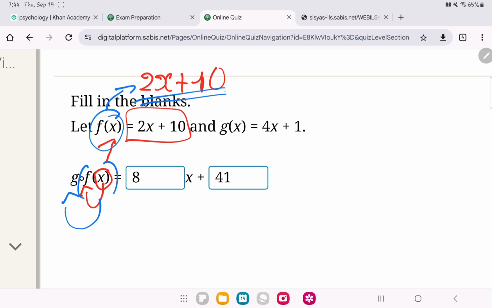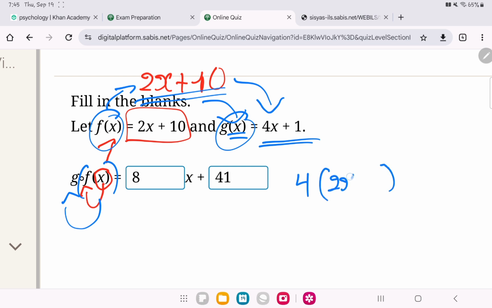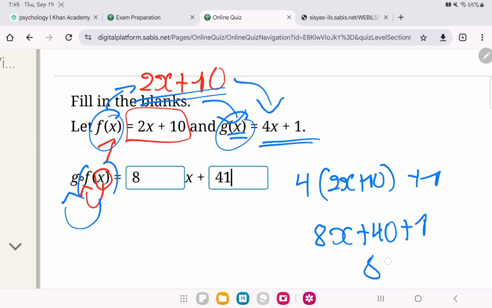Now we're going to replace the 2x plus 10 into the g(x). That means for every x in the g(x) equation, we're going to put 2x plus 10. So that means 4, instead of the x, we put 2x plus 10, and then we put plus 1. So then it becomes 8x plus 40 plus 1, and then 8x plus 41.